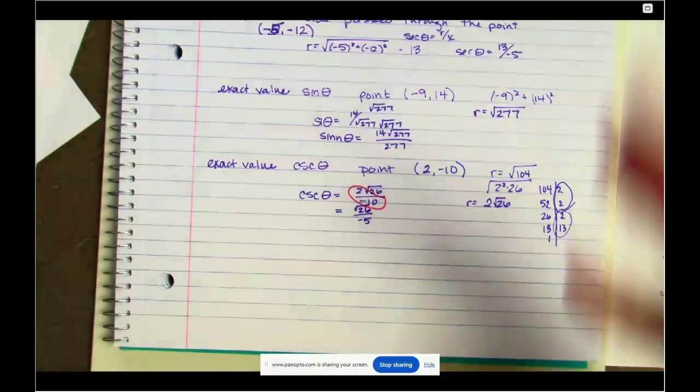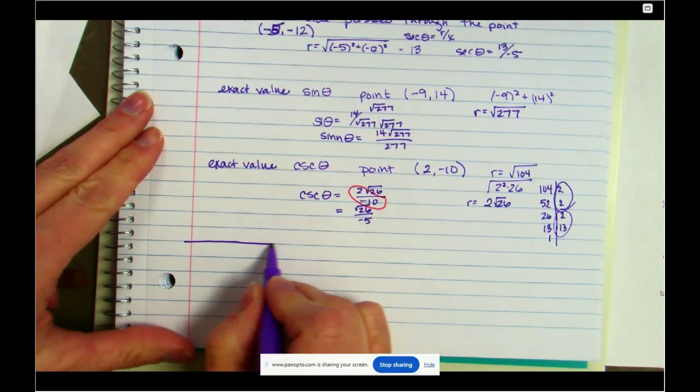Okay, so this is one way that you will have to do that, where you're given the coordinate point.